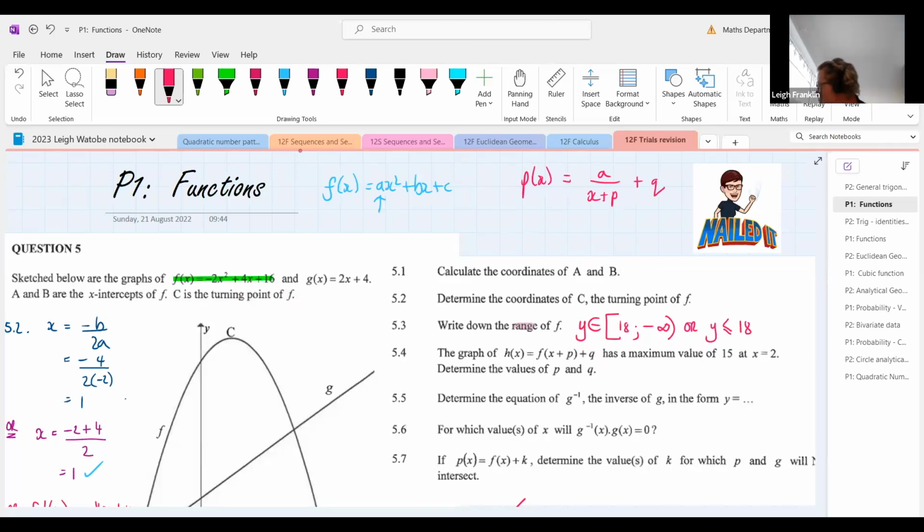And because it's a transformation of f of x, it also has to be a parabola. Furthermore, hyperbolas don't have maximums or minimums. Okay, so you can see there, they're telling us that it has a maximum value of 15. Okay, so h of x is also a quadratic function or a parabola.